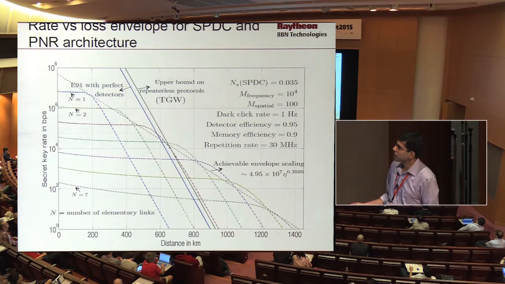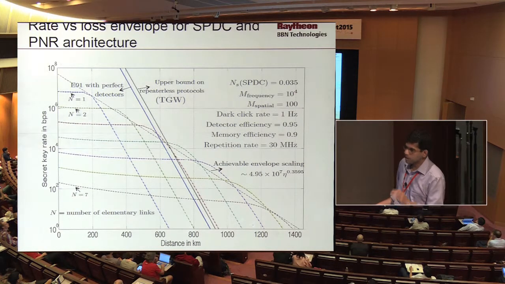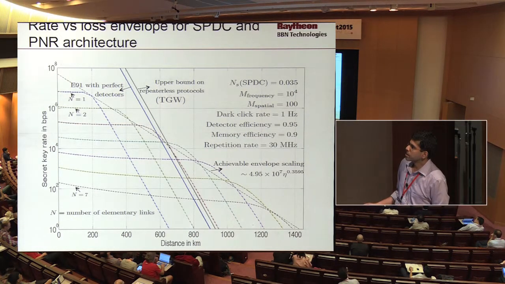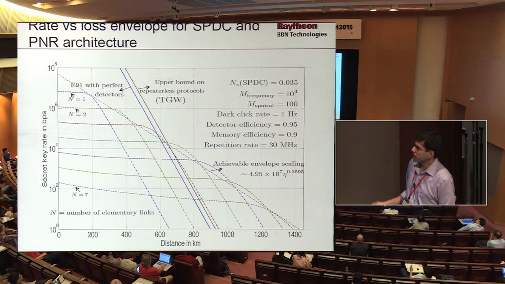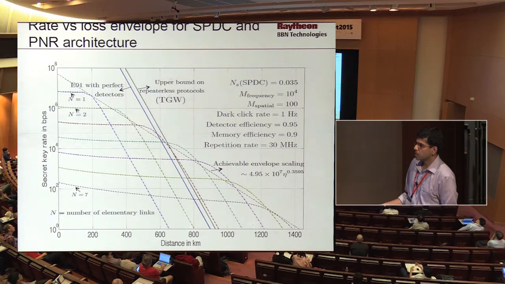And in fact, in particular, beat the TGW bound and get rates that are still exponential in distance, but can beat the bound. Here, because it's numerical simulations, we went sequentially in the number of elementary links. And for this, it's exponential, but the exponent is better than that for the TGW bound. And these are the parameters for this rate loss.